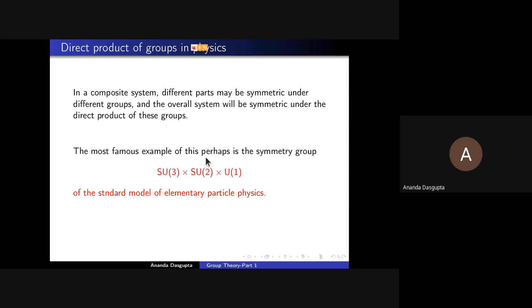What these mean, hopefully should be clear by the time I end my lecture course, if you don't know already. But the important thing is, these are independent symmetries acting on different parts of the whole system, and the symmetry of the standard model as a whole is a direct product of these symmetries. So direct products are actually pretty important and interesting. It's also very interesting to know when you can write a group as a direct product of its subgroups.